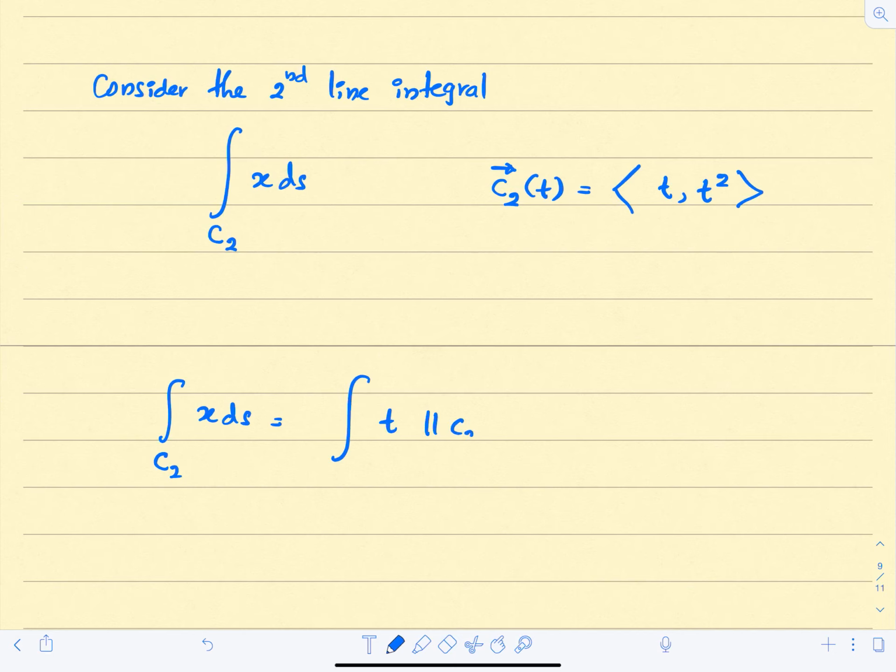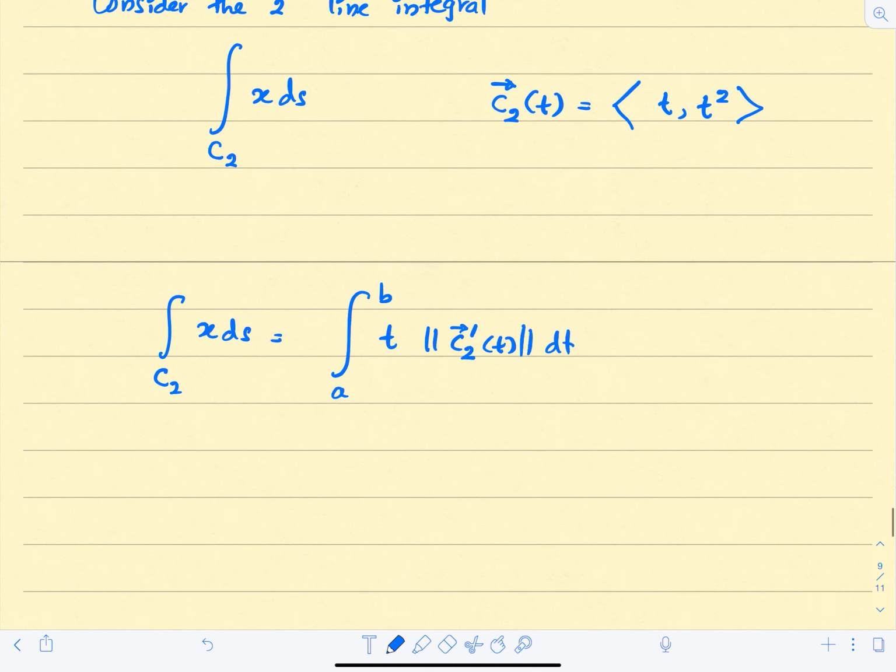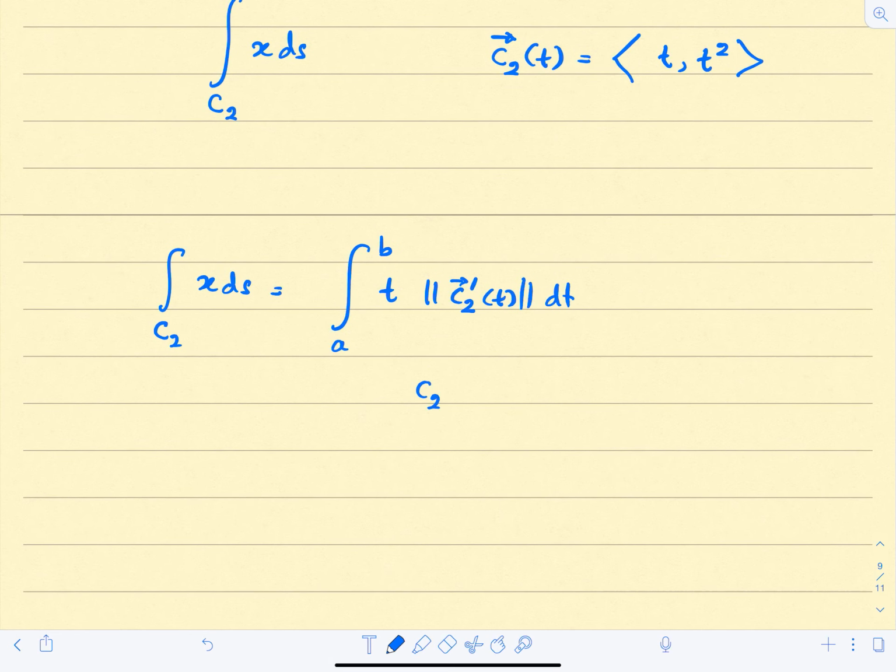Then here we should have the magnitude of C2 prime dt over the limits a to b. Now let's calculate C2 prime. C2 prime should be 1 comma 2t.